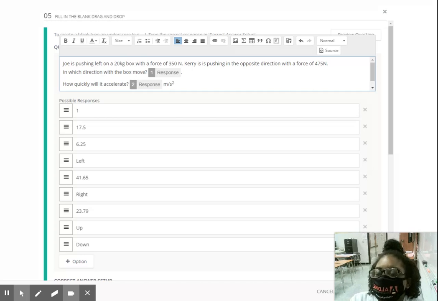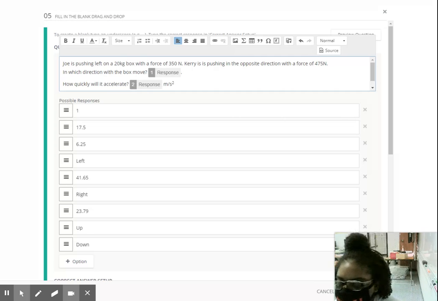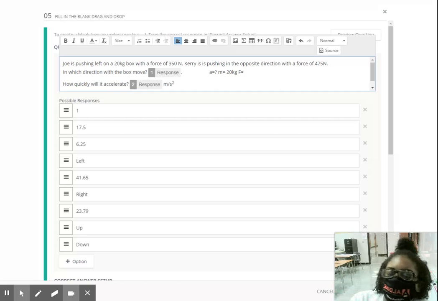Okay. Then the next question says, how quickly will it accelerate? So that means we're looking for acceleration. Okay, so we know our mass is 20 kg, and we need to find our net force. Why do we have to find our net force? Because we have two forces that are happening on the box.